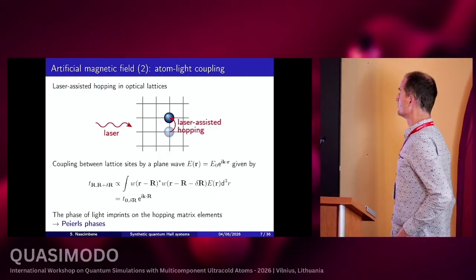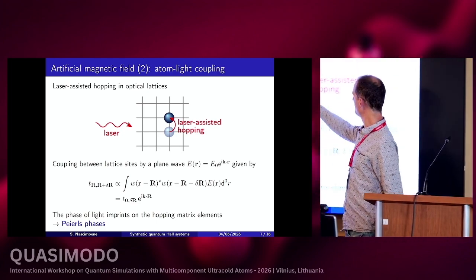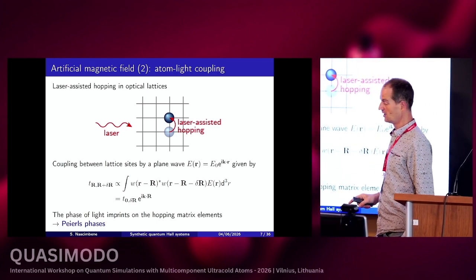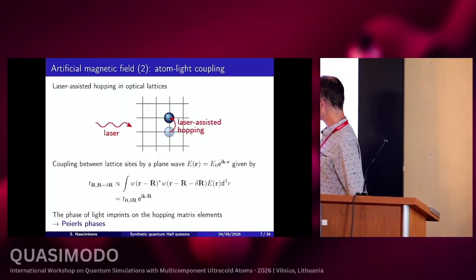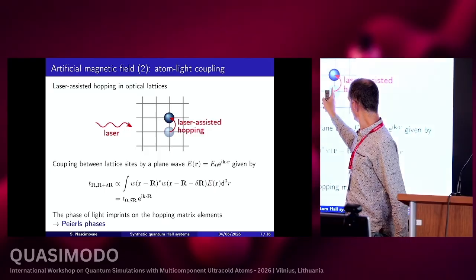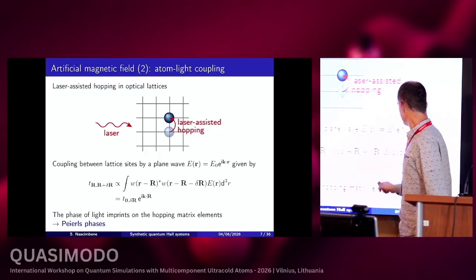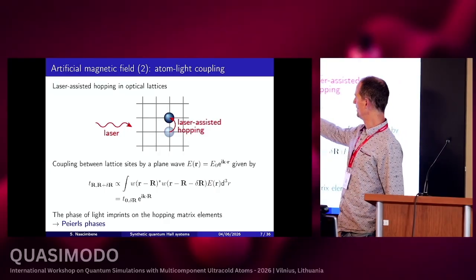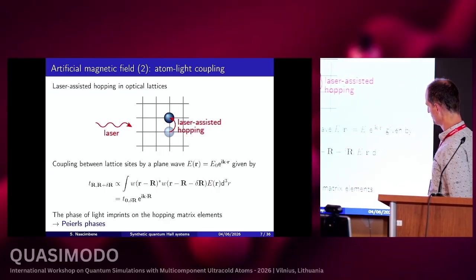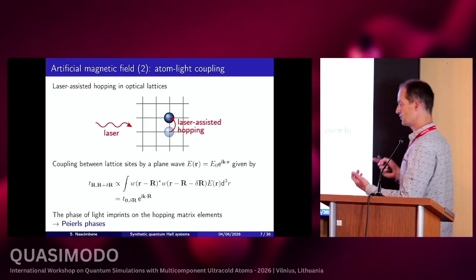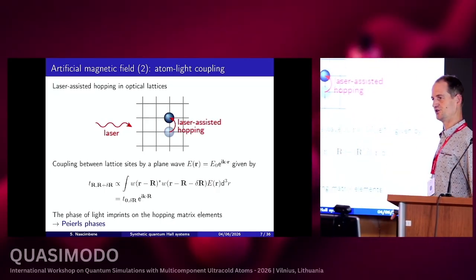And to simulate a magnetic field, the idea is to stimulate the hopping process by the absorption of light, such that the matrix element that describes the hopping between two positions involves the electric field of the absorbed photon, and this electric field has a complex amplitude that depends on position.